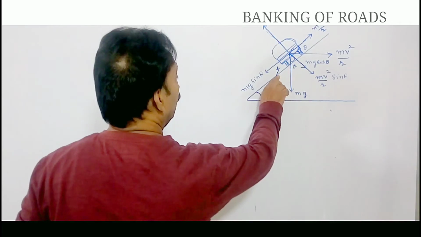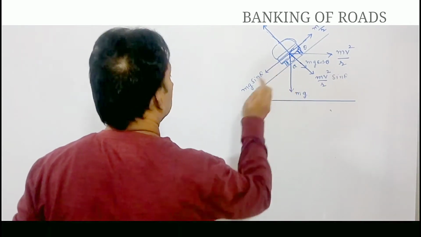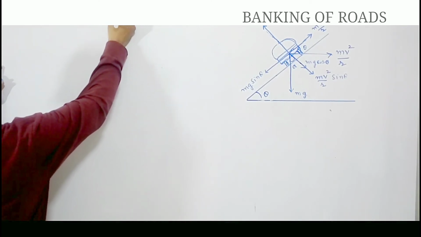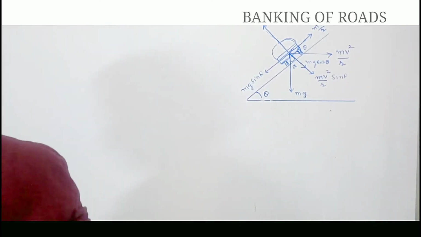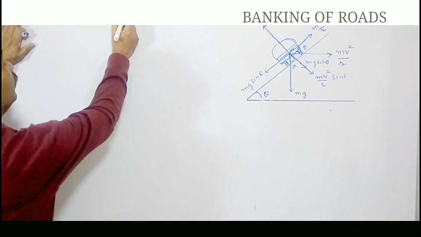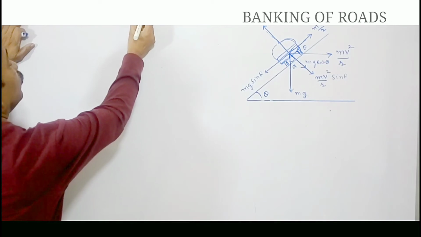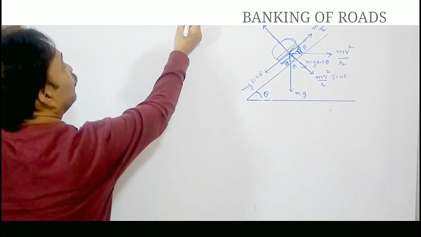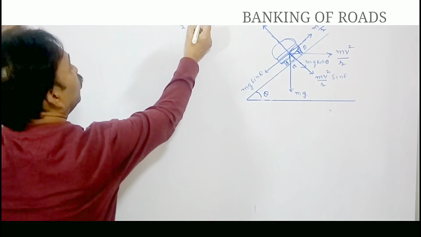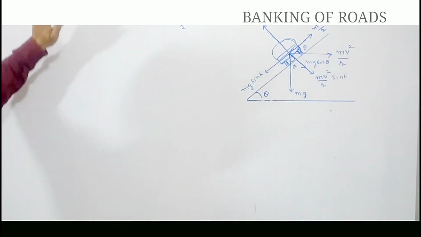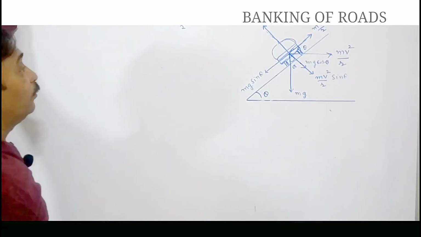And now we are going with one more case. Case 2: here mg sin theta is greater than mv square by r into cos theta.